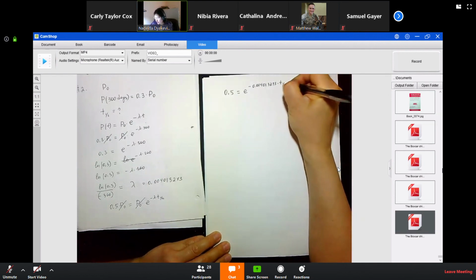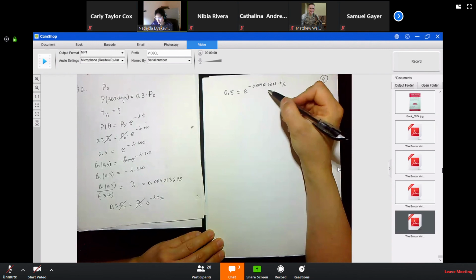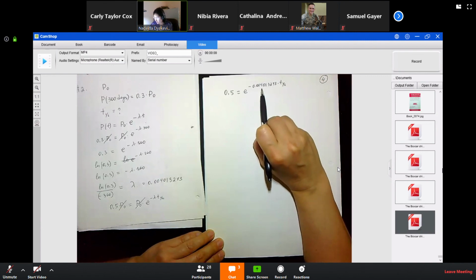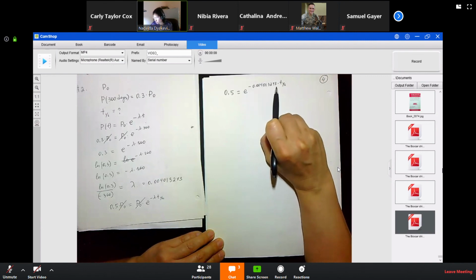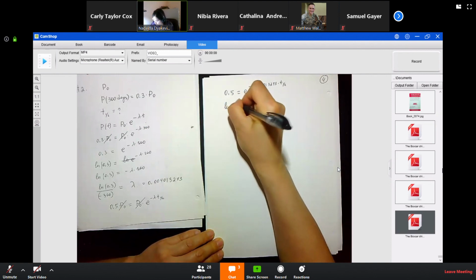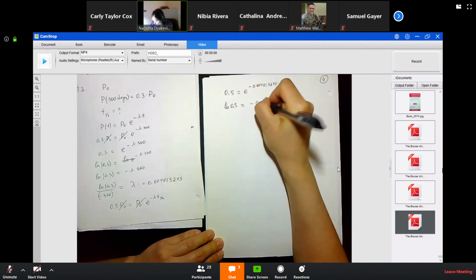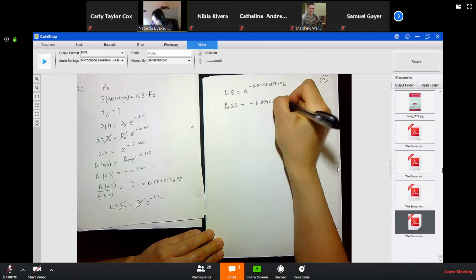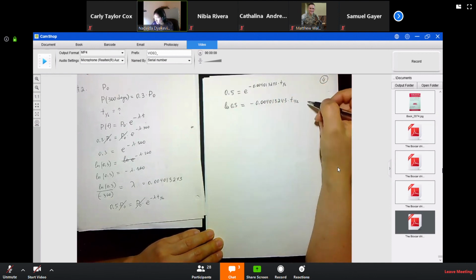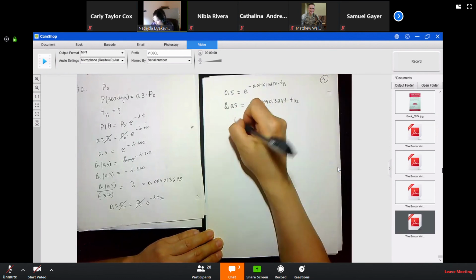So it's a little long, and I could probably shorten it a little bit, but that's okay. I'm just keeping all my digits here. So take ln of both sides. And finally, divide both sides by lambda to find the half-life.